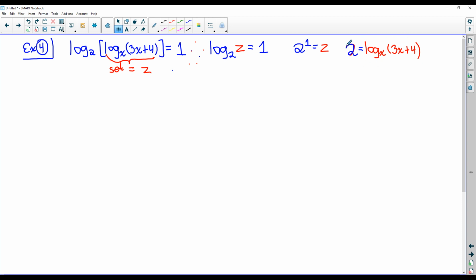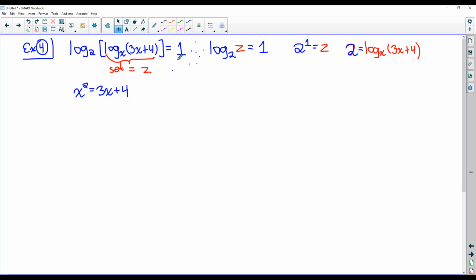And I'll use a similar idea here. If you have a number on one side, a log on the other, we can then just turn it into exponential form. So here, this would look like you take this base, you square it, and that would be equal to the argument that you see. So it would be x squared would be equal to 3x plus 4.